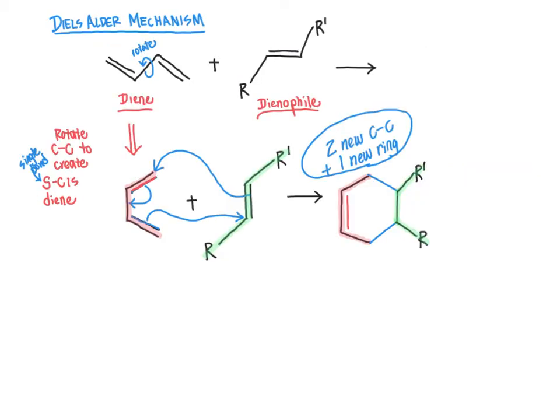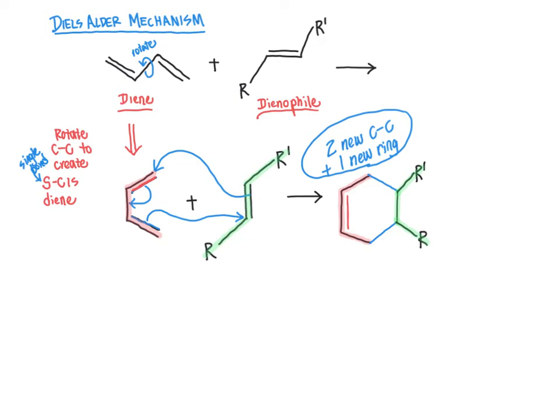Now we can dig more deeply into this reaction and this mechanism by considering what factors about the dienophile will make the reaction more or less favorable. With respect to the dienophile, factors that will make the dienophile more reactive are having R group or R groups that are electron withdrawing.